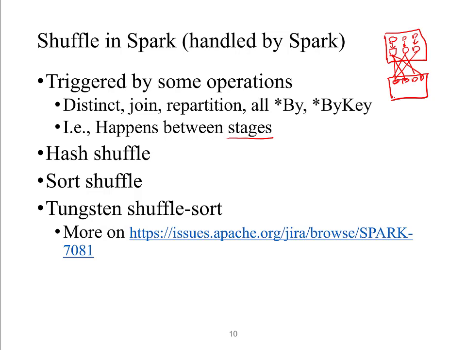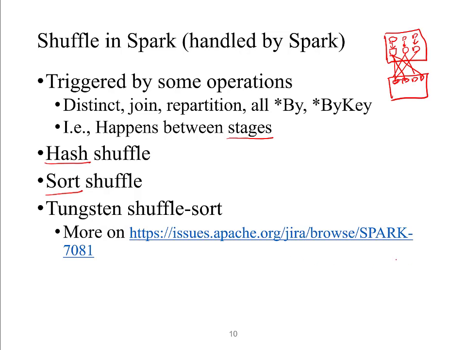There are two ways in Spark to perform shuffle. One is based on hash, and another is based on sort. Actually, there is a third method called tungsten shuffle sort, which we will not introduce in today's lecture.